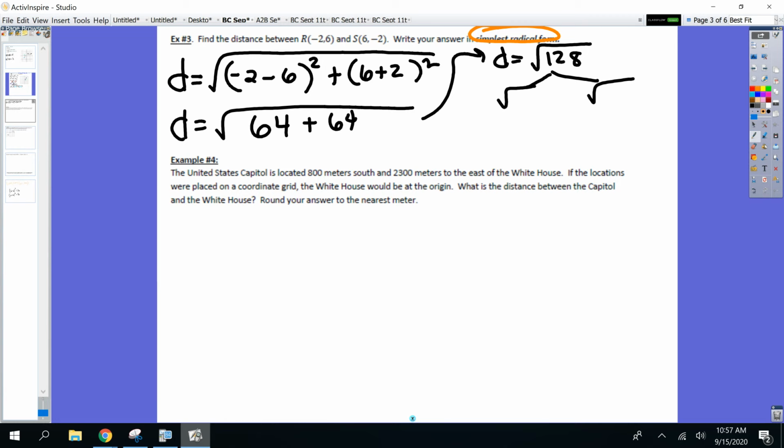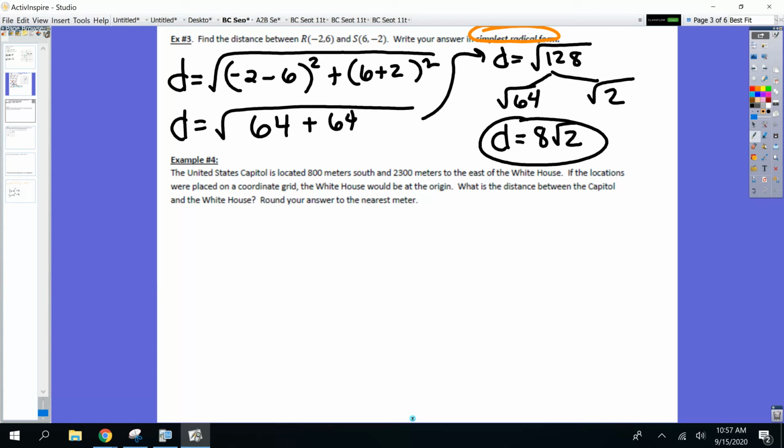What was in the previous radical? 64, right? So 64 times what? 2. All right, let's finish this. The distance is going to be the square root of 64 times 2, 8 radical 2.